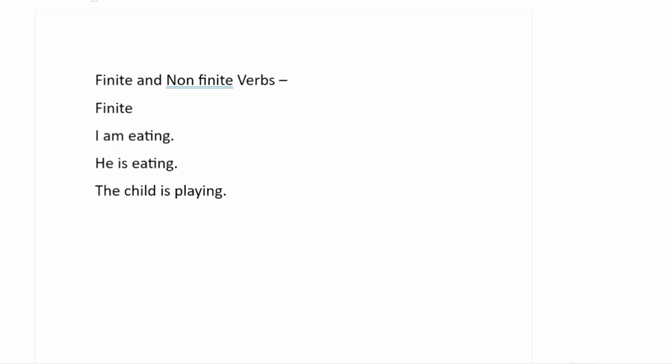So all those verbs which change due to the change in the subject or due to change in the noun number, that is singular to plural, are known as finite verbs. Finite means something which is limited, which keeps on changing. I am eating, they are eating. So am changed to are. Clear? So these are known as finite verbs.